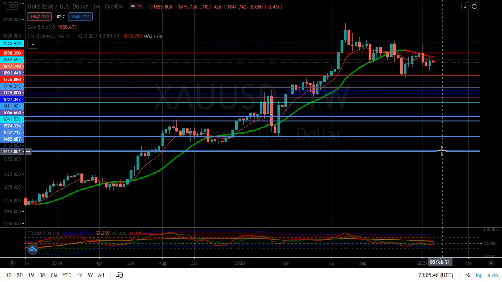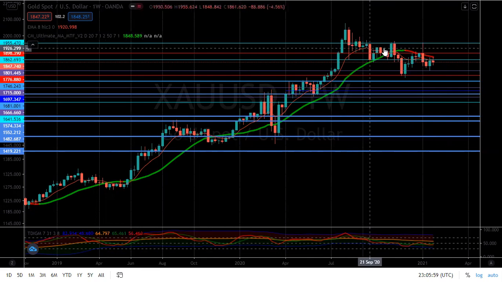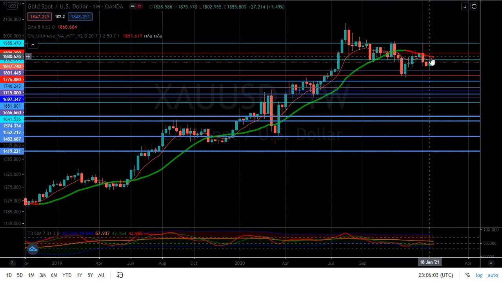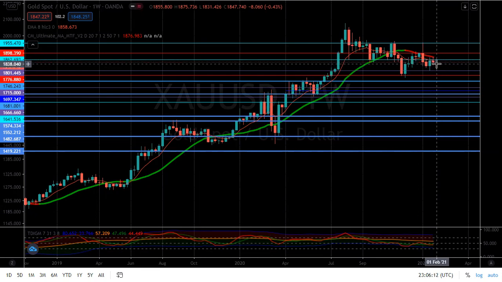I'm looking at the weekly time frame for gold. We've got this move to the downside, and we've gone to retest this zone. Got a low. We've gone back to retest this, and this past week ended as a spinning top.